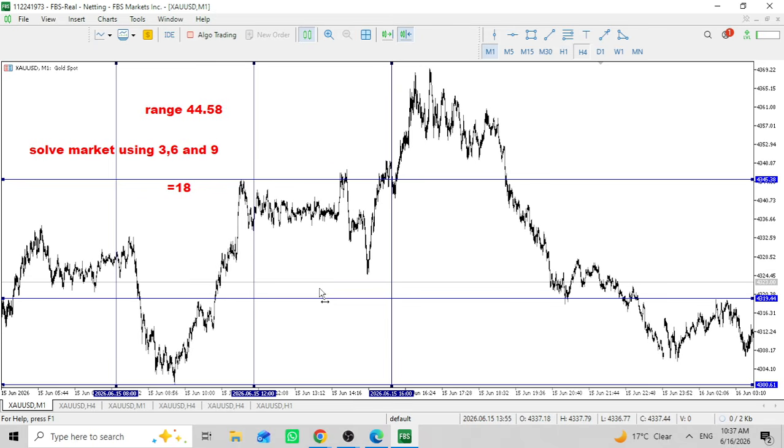This is 3, 6 and 9 on real time. Can you see? Tapping exact point and then market buying.